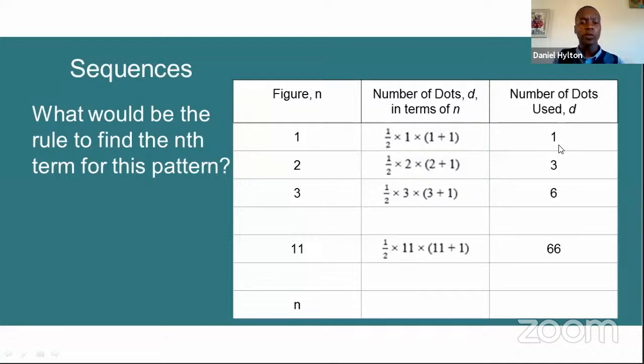What would the expression for the nth term be? All right, going into the chat, I'm seeing a half n times n plus 1.